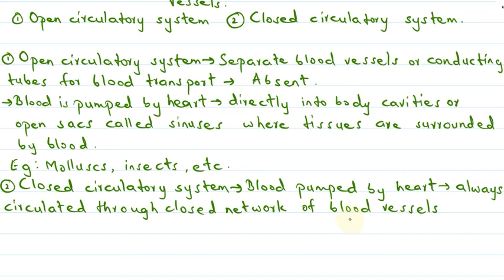But in case of closed circulatory system, the blood that is pumped by heart is always circulated through a closed network of blood vessels like the arteries, then veins and capillaries. So these are the blood vessels that help in transportation of blood in case of closed circulatory system.